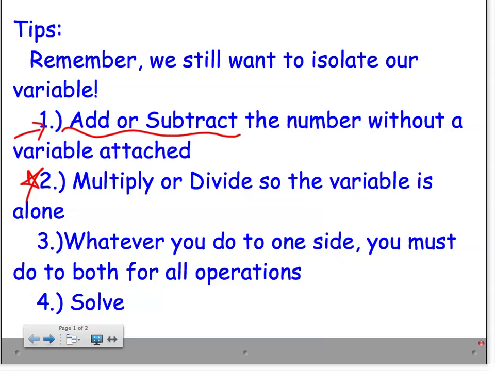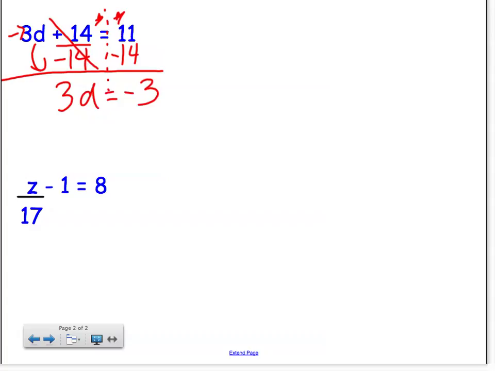So my second step is to multiply or divide so the variable is alone. I see that multiplication is happening here, so I need to do the opposite operation of dividing. Whatever I do to one side, I do to the other. Those cancel and leave me with d. Negative 3 divided by 3 is a negative 1.